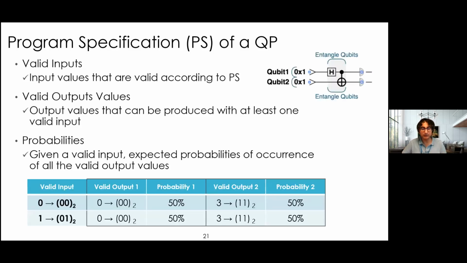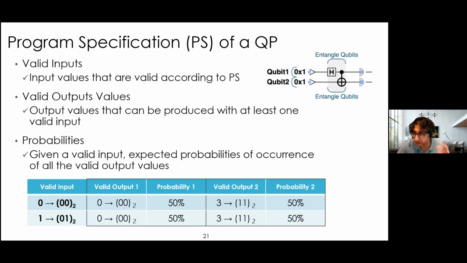Just to give a very simple example, let's say for my program there are two valid inputs, 0 and 1. For each valid input, let's say I observe 0 50% of the time and 3 50% of the time. Similarly, when the valid input is 1, I observe 0 50% of the time and 3, for example, 50% of the time. So these are the valid expected probabilities associated with the program.